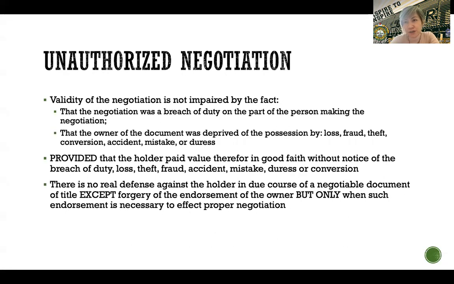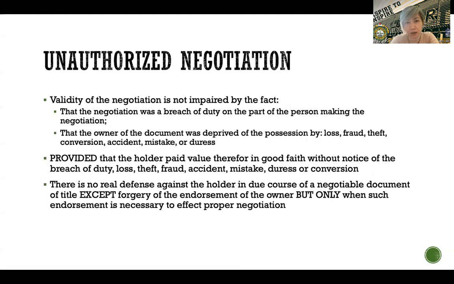So what if there is an unauthorized negotiation? Meaning the negotiation was not by the owner or the person authorized by the owner. So the rule is that the validity of the negotiation is not impaired by this.